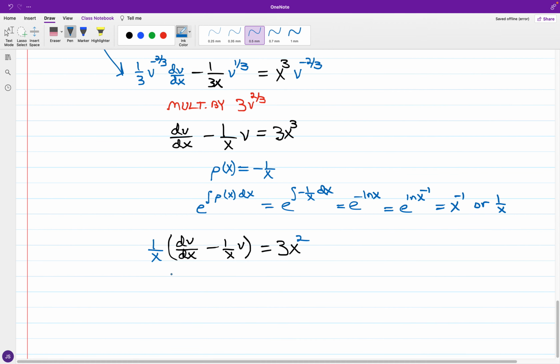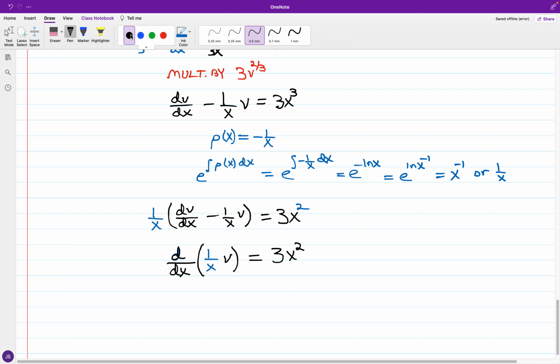On the left-hand side, if I were to distribute, I would end up with the product rule result of taking the derivative in x of the integrating factor, 1 over x, times the dependent variable, which I have momentarily as v, and this is equal to 3x squared.